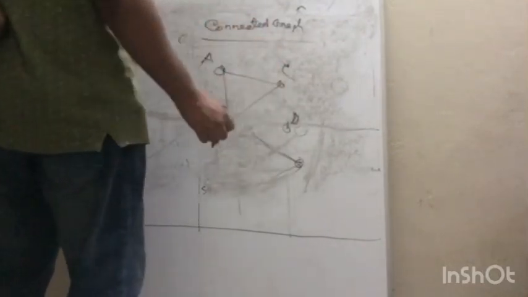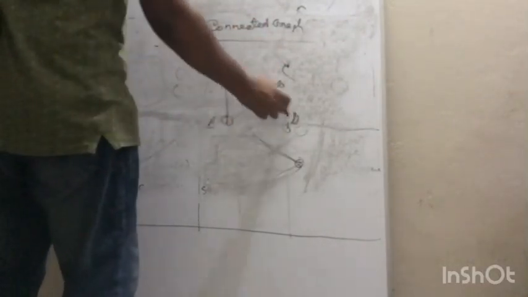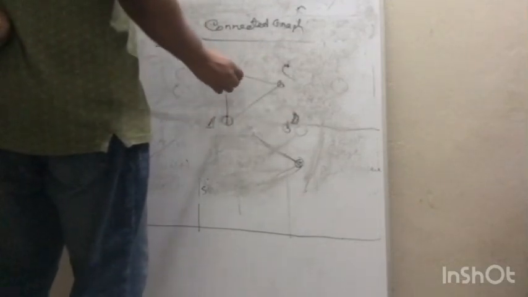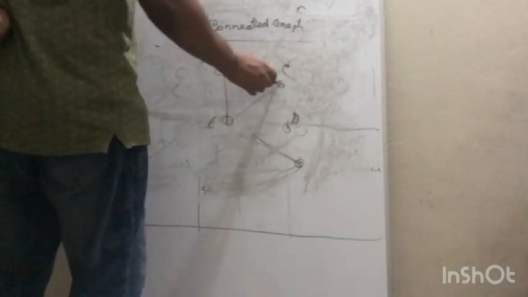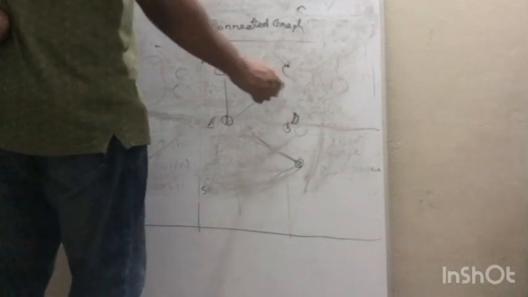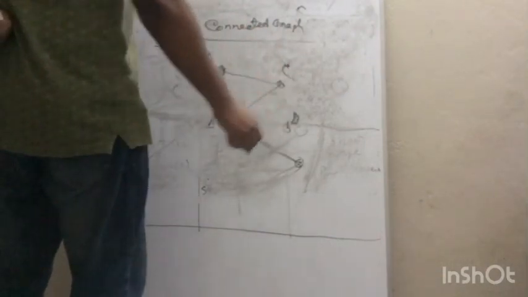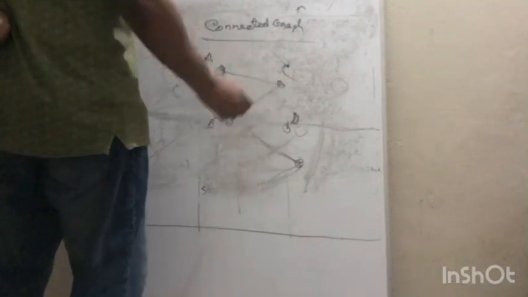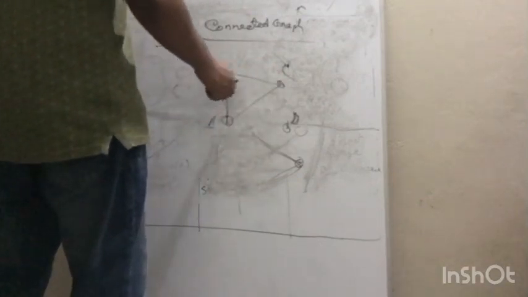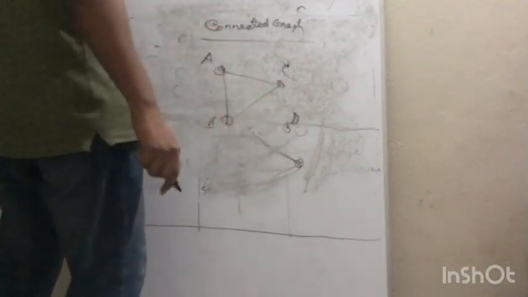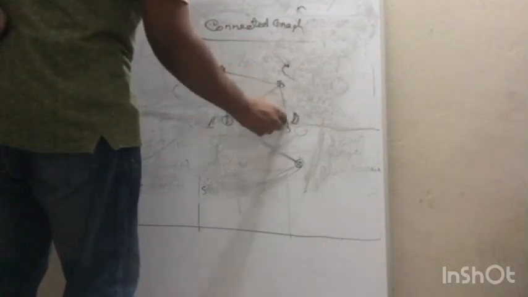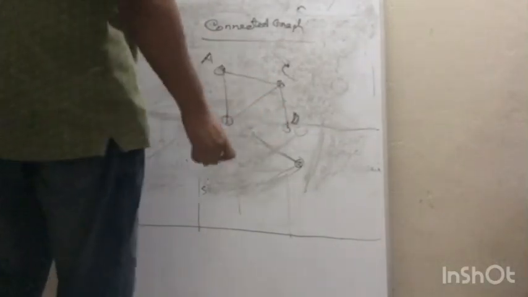To be a connected graph, there must be a path between every pair of vertices. Pick any two vertices, there must be a path. So A to C is a path, but A to D, there is no path. This is not a connected graph. But if I connect C to D, now it is a connected graph.